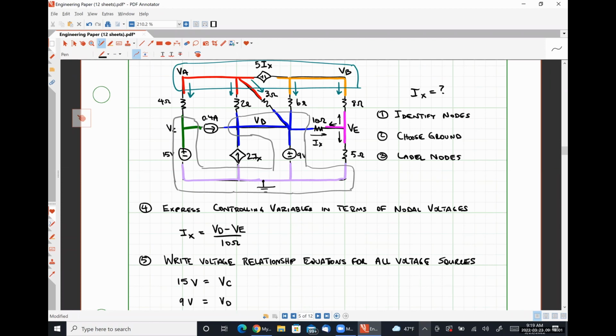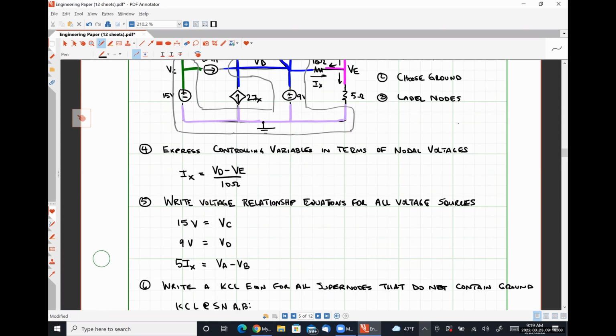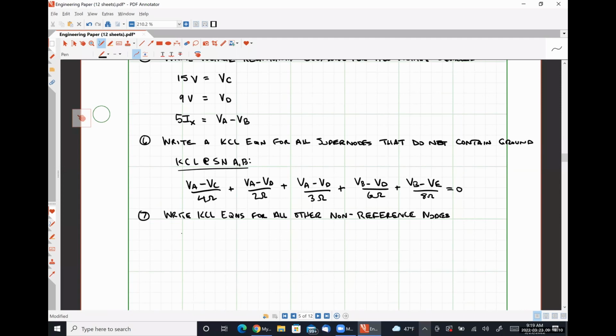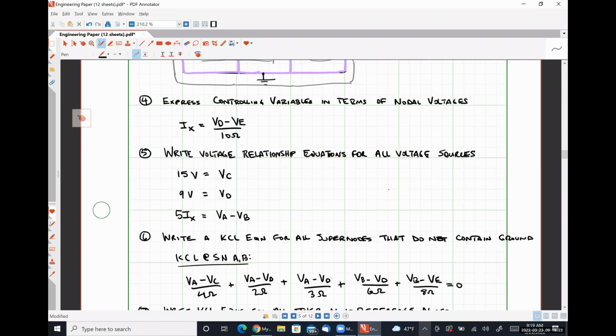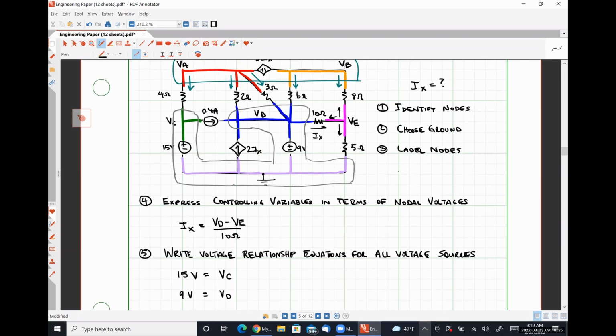So what's the current flowing up through the 8 ohm resistor look like? E minus B over 8. What's the current flowing to the left through the 10 ohm resistor look like?